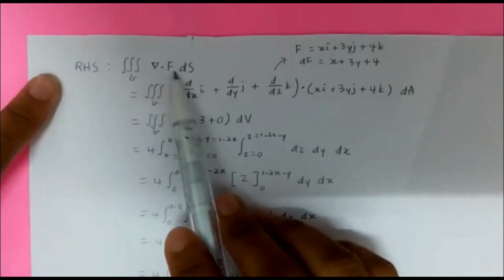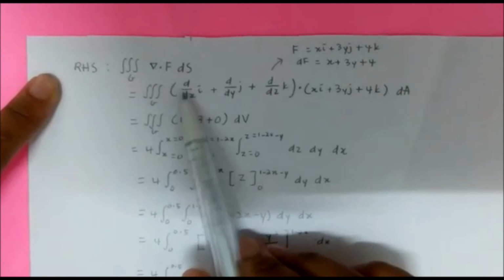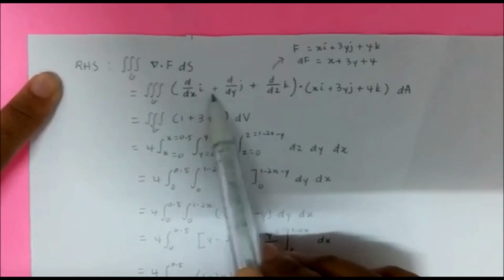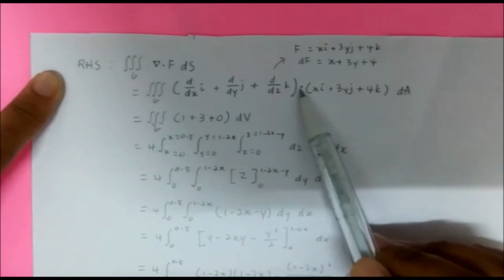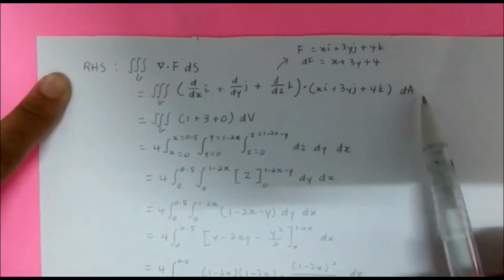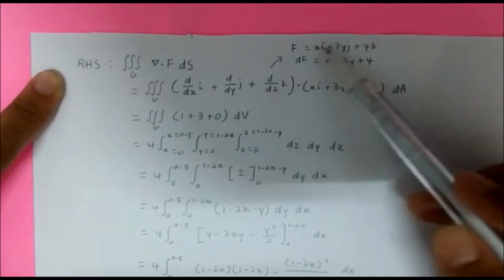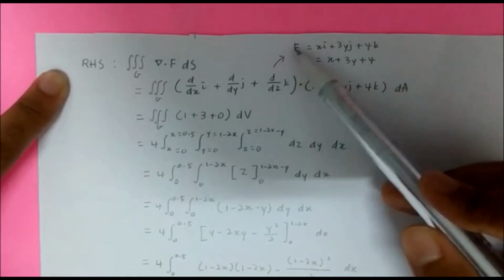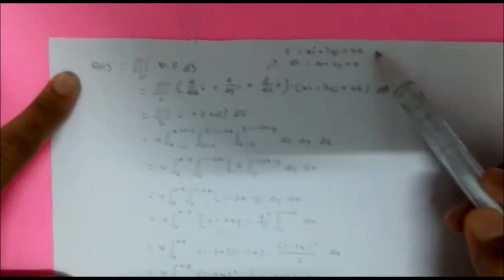And for the RHS, it is the triple integral of divergence F dV. So we know that del is d/dx i plus d/dy j plus d/dz k, dot product with F, and F is xi plus 3yj plus 4k.